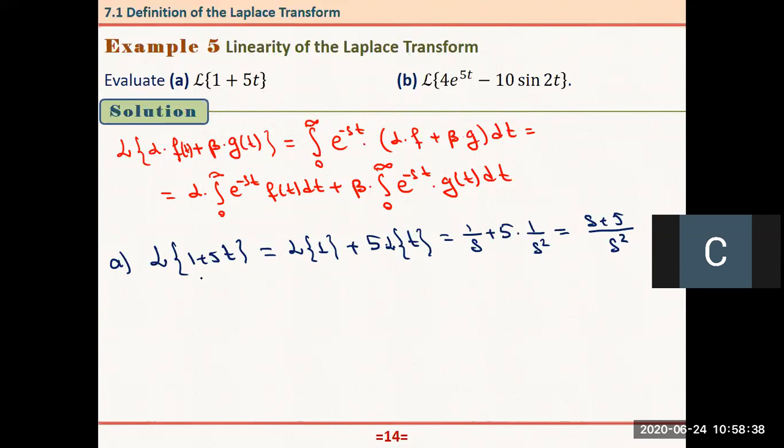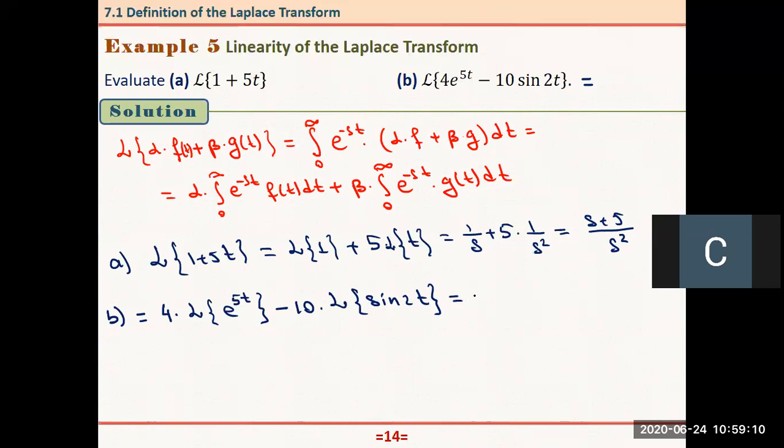Another example, B. In a similar way, I can write it as 4 times, because it's a constant, the Laplace transform of e to the power 5t, minus 10 times the Laplace transform of sine of 2t.